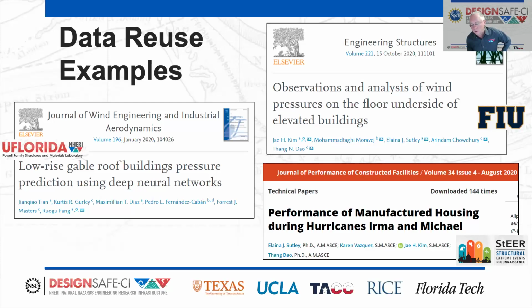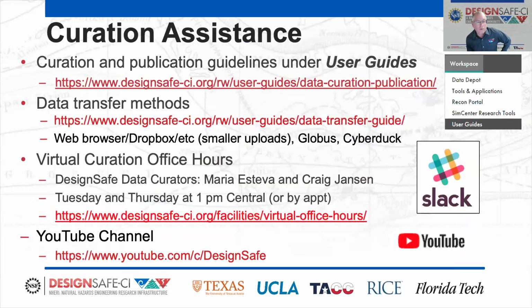On our website, we have examples that you can read about. And by the way, right now nominations are being accepted for the annual DesignSafe Dataset Awards, where some of the top data sets that people put in and published last year could win awards for very valuable data sets.